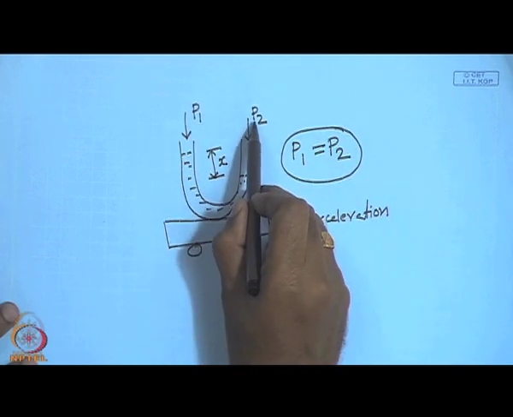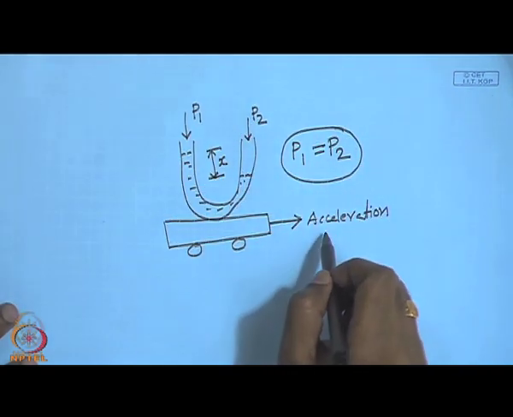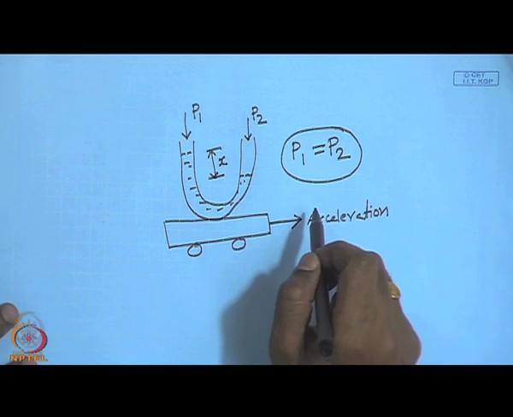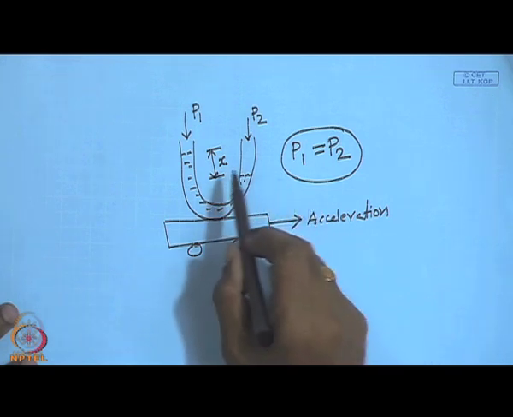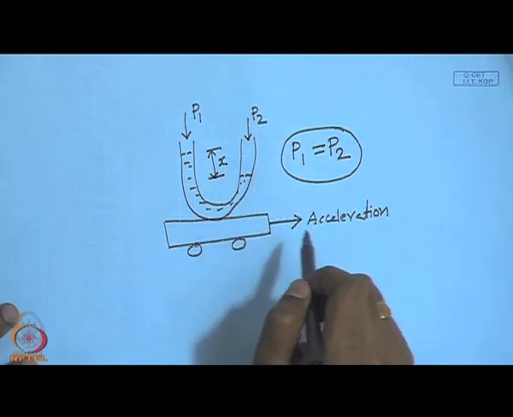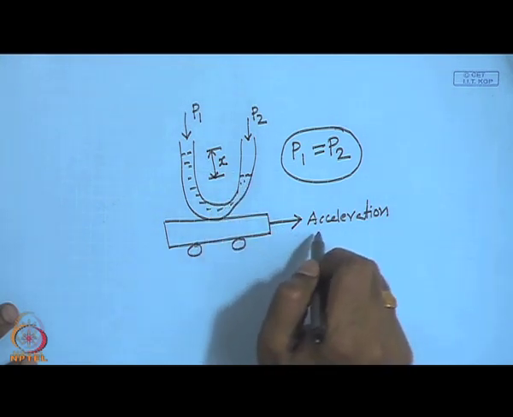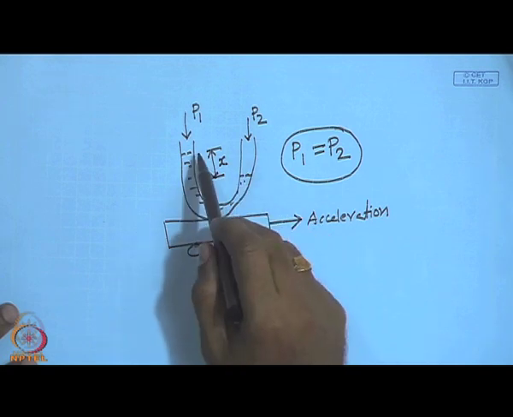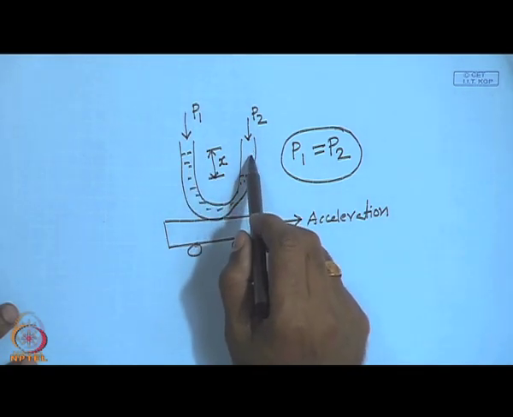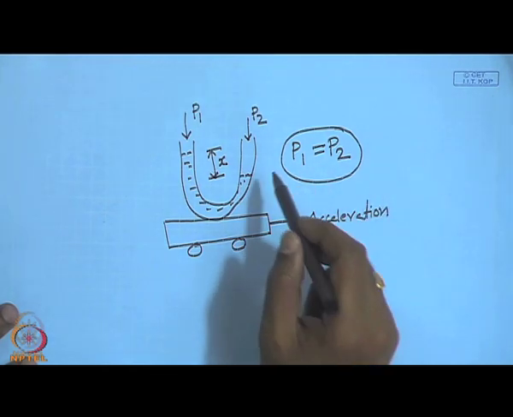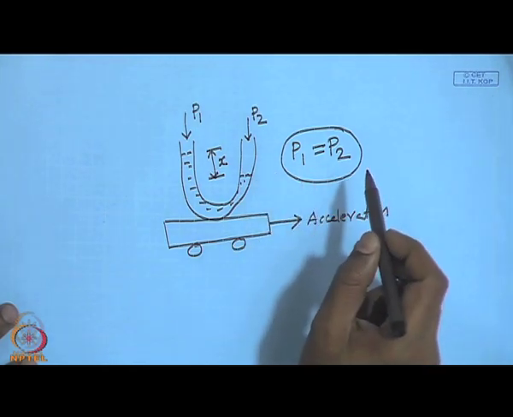If P1 is equal to P2 and this is not mounted on a vehicle which is accelerating, x should be equal to 0. But if I mount the U-tube manometer on a vehicle which is accelerating, even if both the limbs of the U-tube manometer are connected to the same pressure source, it will show a differential pressure reading.